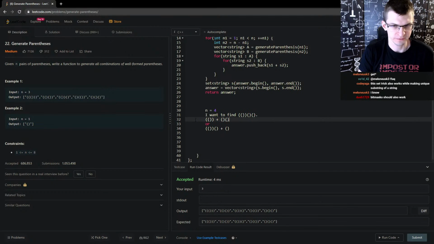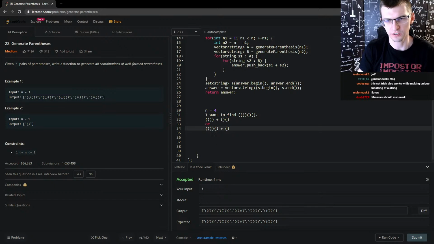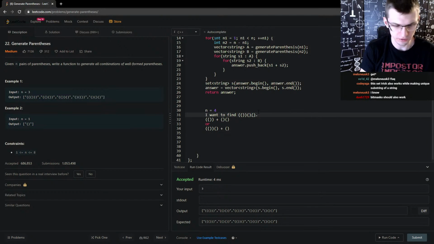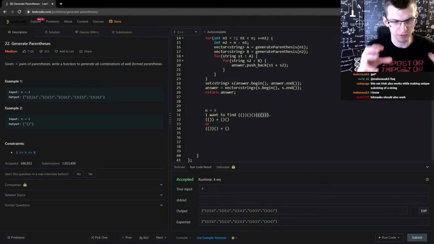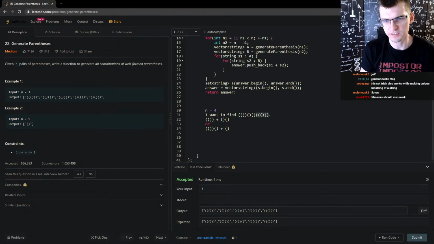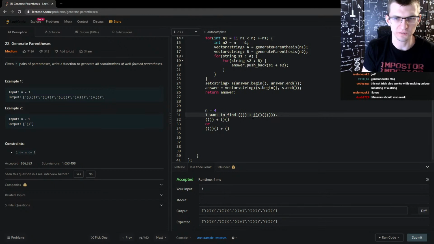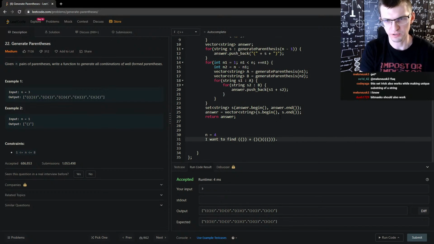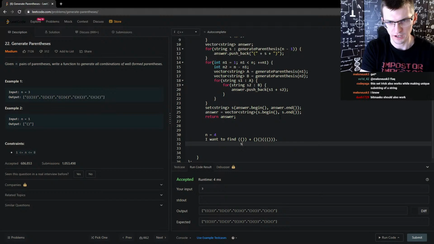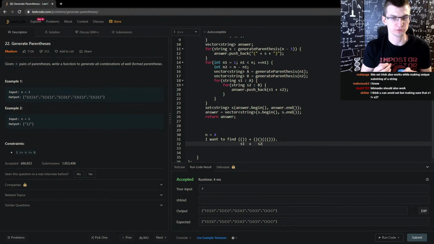There is a way to fix this. If something consists of a lot of strings that could themselves be a valid string, then you only want to count it once, and let's say I only want to count this concatenation. So always when I do S1 plus S2, I want S1 to be, let's say, a basic string.